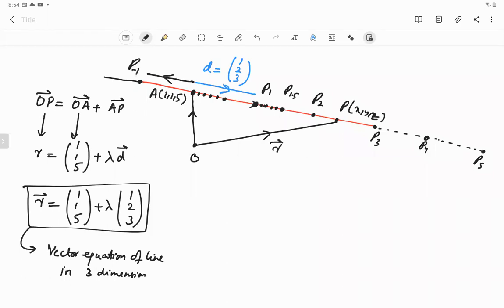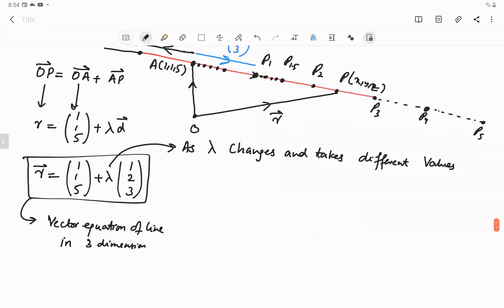That means as lambda changes and takes on different values, R traces the line. R moves like this, and R traces out the line.